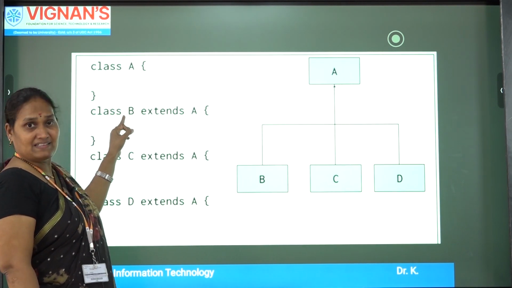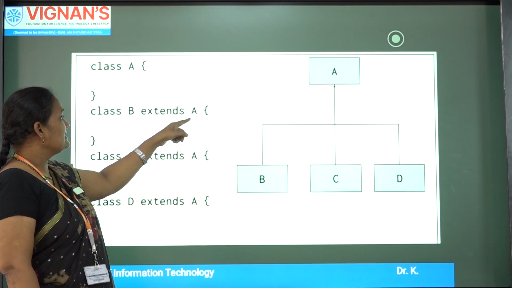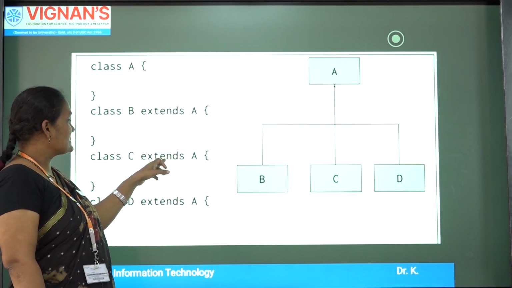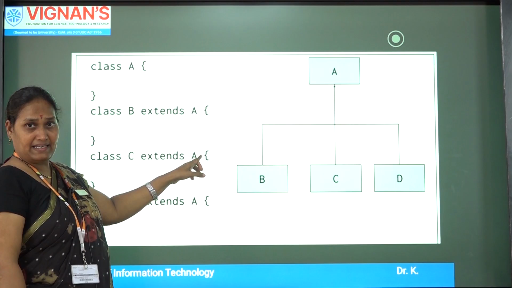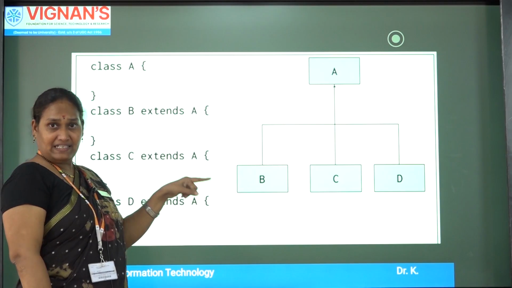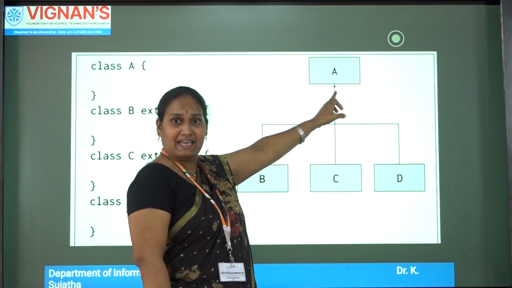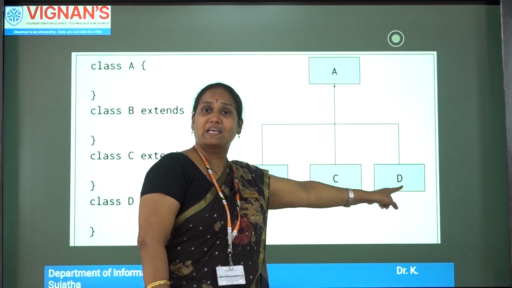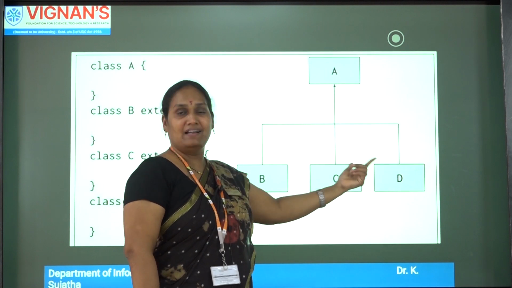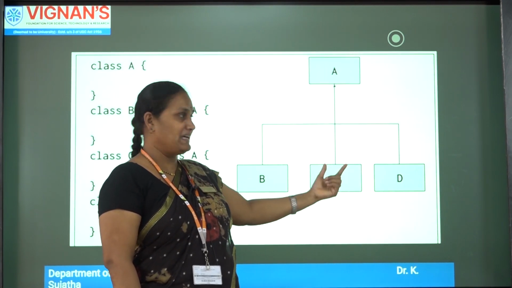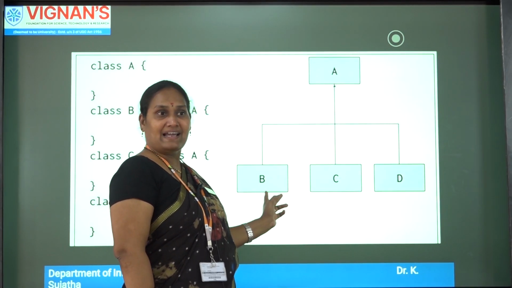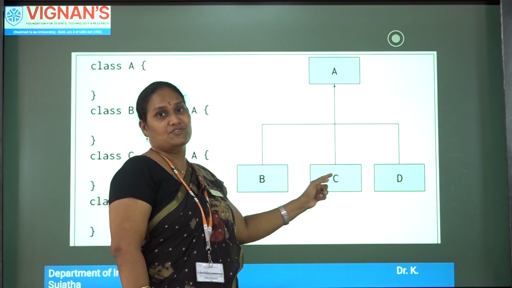Here I have defined another class B. This extends the superclass A, and here I have taken another class C. This extends again the superclass A, and I have taken another class D which extends the superclass A. That is, that superclass A is having three child classes B, C and D. All the three child classes can access the variables and methods from the superclass, but one child class cannot access the variables and methods from another child class.